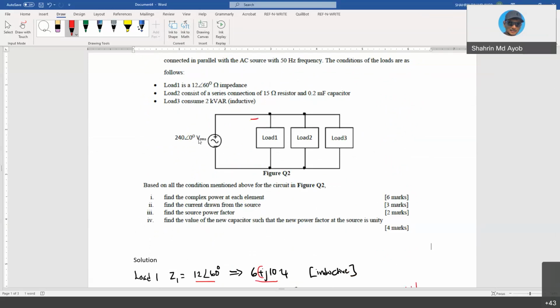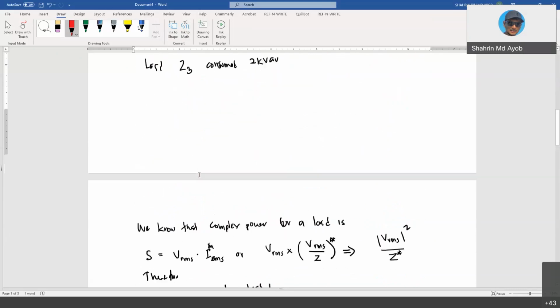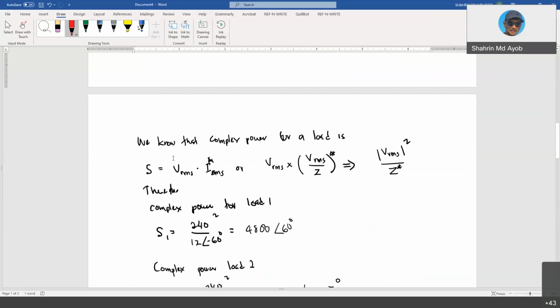We know that since this is parallel, the voltage across each load is all 240 volt RMS. Okay, so we use that information. We know that the complex power is equal to VRMS multiplied by the conjugate of IRMS. Or in other words, you can rewrite I in terms of voltage and impedance. So I will rewrite it like this.